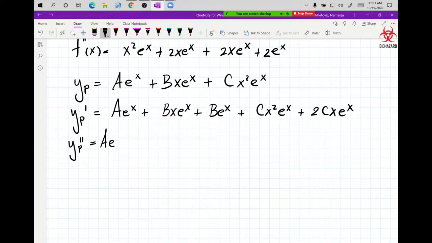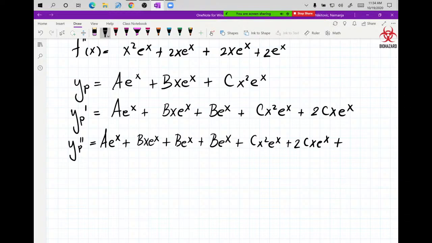E to the x plus copy the first, derivative of the second, plus copy the second, derivative of the first, plus derivative of this one, plus cx squared e to the x plus 2cx e to the x plus, and the derivative of this, copy the first 2cx, derivative of the second, plus copy the second, derivative of the first is just 2c e to the x.